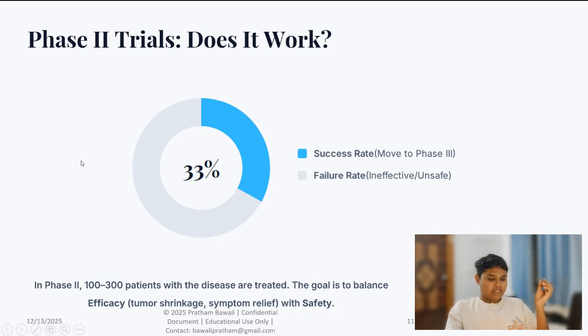Here the chance of survival of a drug is 33%. Just 33% move to phase 3, and the rest is the failure rate, which is ineffective or unsafe. Here is where the patients' symptoms or safety may not match accordingly.